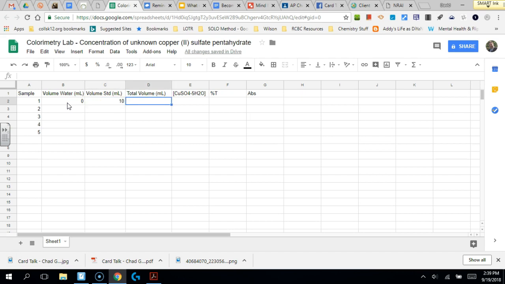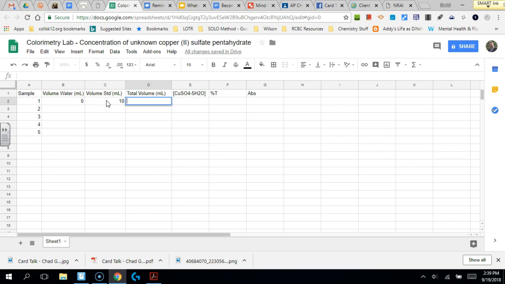So you actually used no water in that, and then about 10 milliliters of the standard. And so here's the thing about using a spreadsheet, okay? This is why I highly recommend you using a spreadsheet, because instead of having to break out your calculator all the time and add up what's 10 plus 0, 10 plus 0 is obviously 10, okay? What you can do is you can enter an equation.